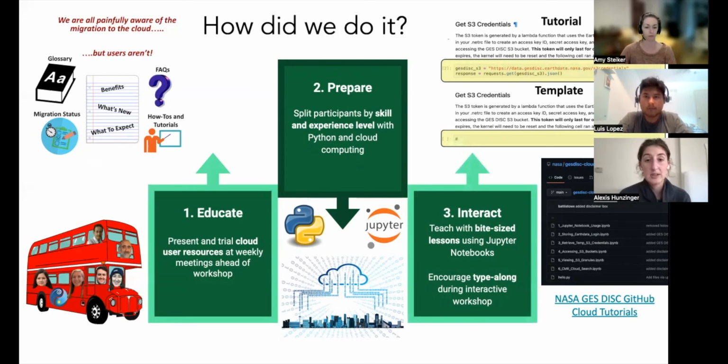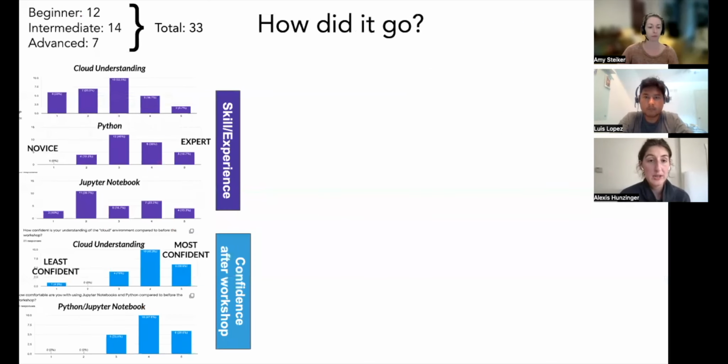So how did it go? Overall, we had positive feedback. Most people felt more confident after the workshop, whether that was with Python or with understanding working in the cloud. You can see that in total, we had 33 staff participate, and a roughly even breakdown of beginner, intermediate, and advanced levels.